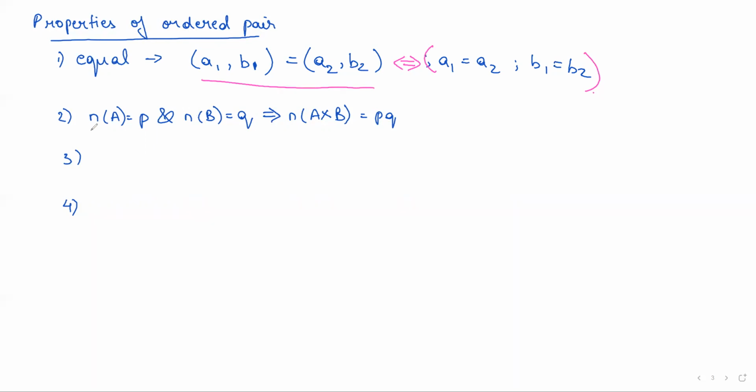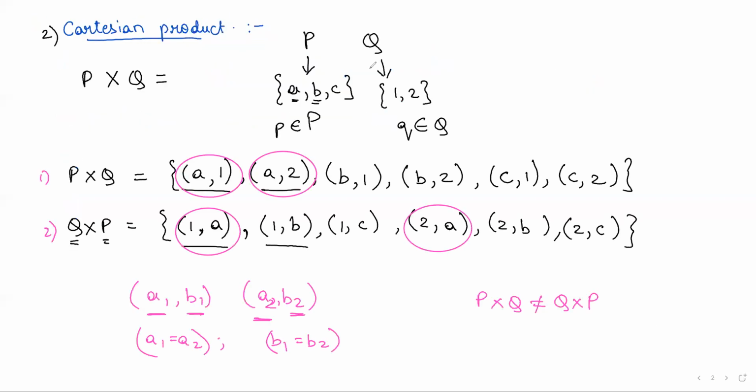If you have the number of elements in P and the number of elements in Q, or you're representing them by A and B, then you can calculate the number of elements in the Cartesian product of A and B. It's simply the multiplication of these two values. For example, here, the number of elements in P was 3: a, b, and c, 3 elements.